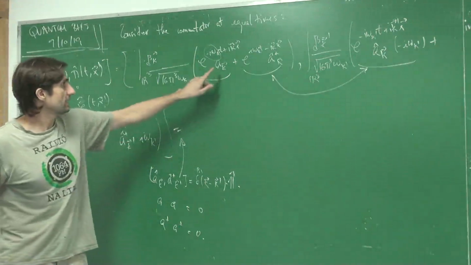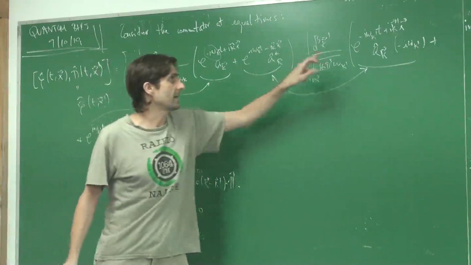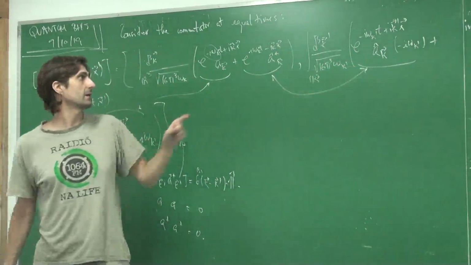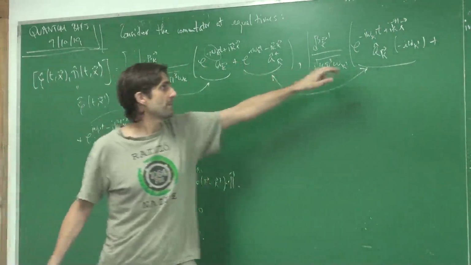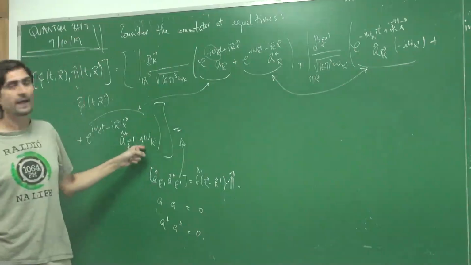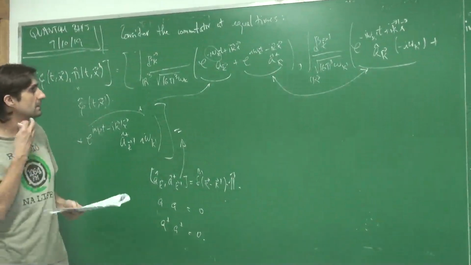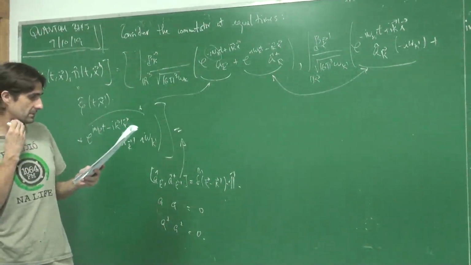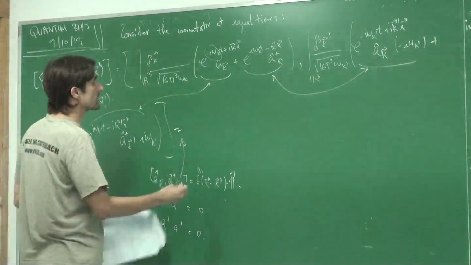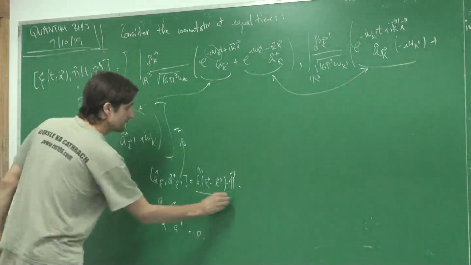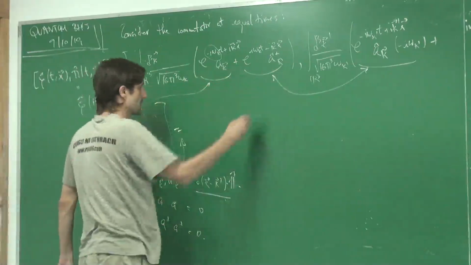Now, the commutator between A and A dagger is minus the commutator between A dagger and A. So you get a minus sign in this one with respect to this one. But also, you have a minus sign here that you don't have there. So the two minus signs will cancel out, and you just have twice this. And the delta will get you through one of the two integrals.